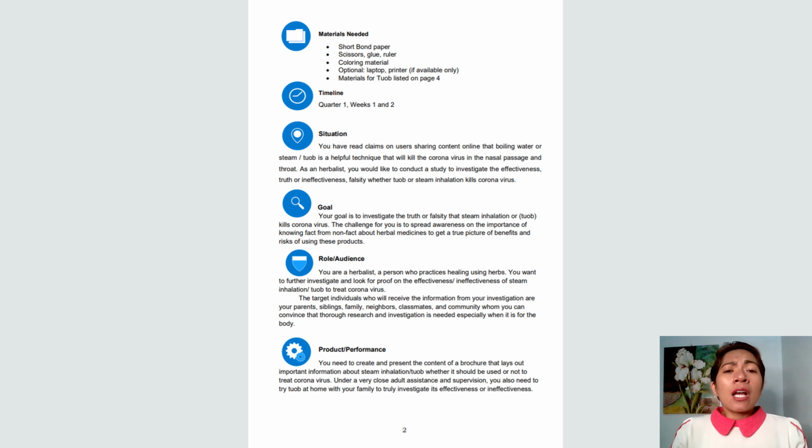You see, by using GRASPS, we are teaching our learners to think critically, creatively, to evaluate situations, and to really investigate, to research. And we are teaching them to become responsible for the actions they are making, to become responsible citizens.